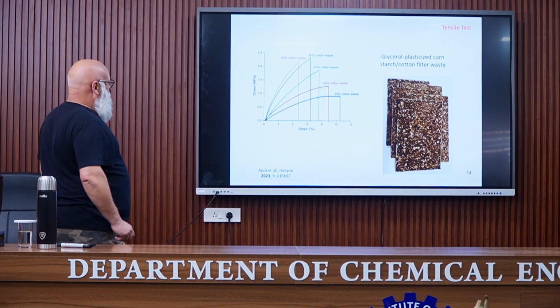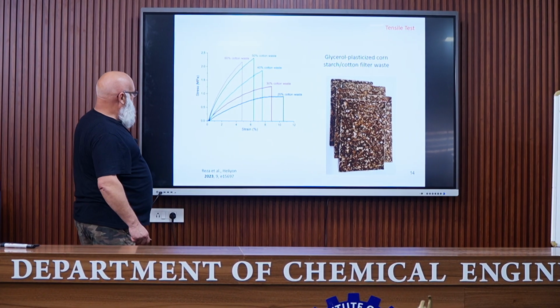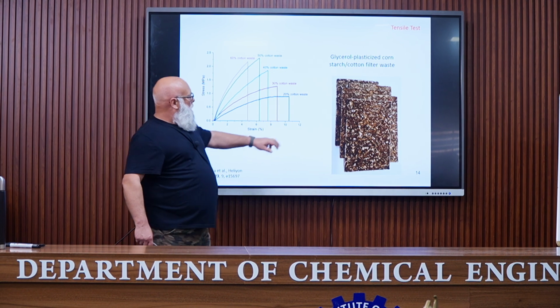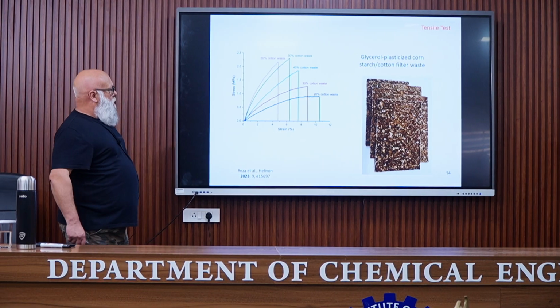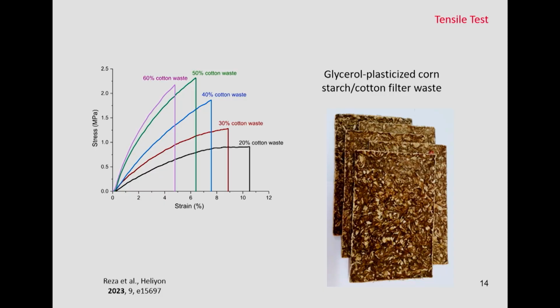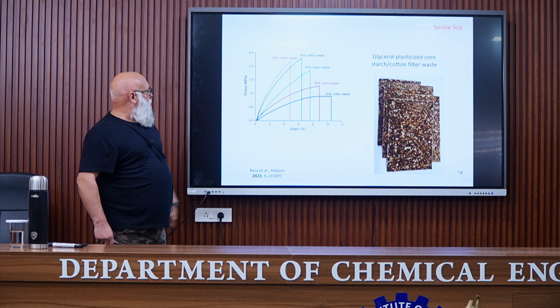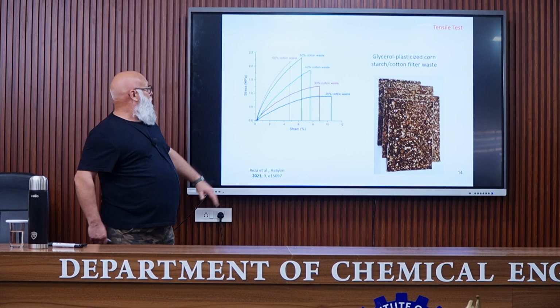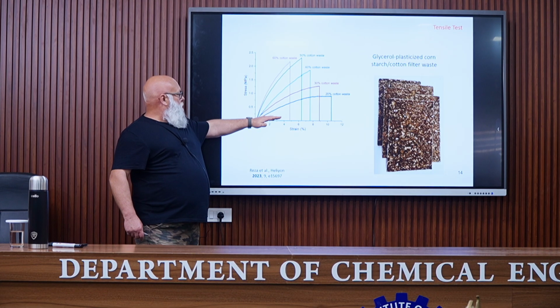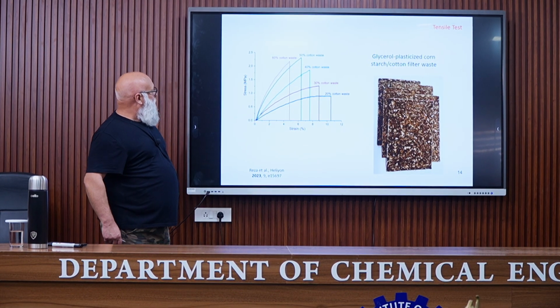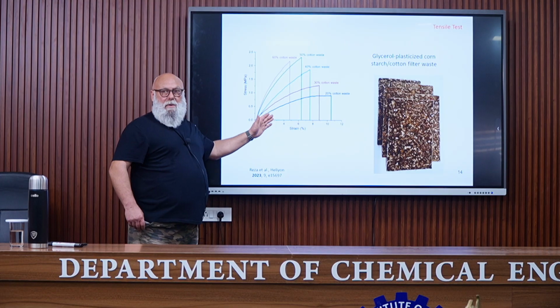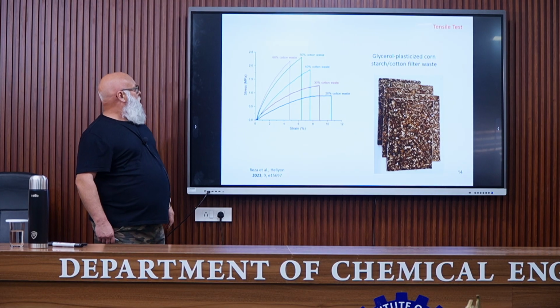So these are just some examples of stress-strain curves in which glycerol plasticized corn starch was reinforced with cotton filter waste. And what we can see is that when adding the fiber, or the cotton in this case, usually the modulus increases, which corresponds to the initial slope of the curve, but the material becomes more brittle.